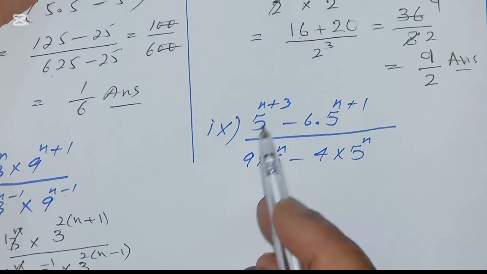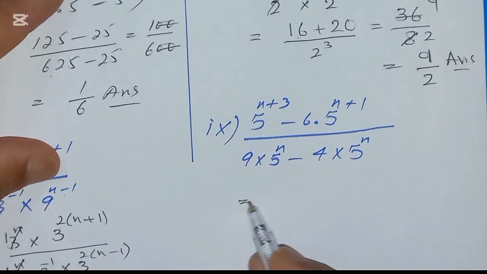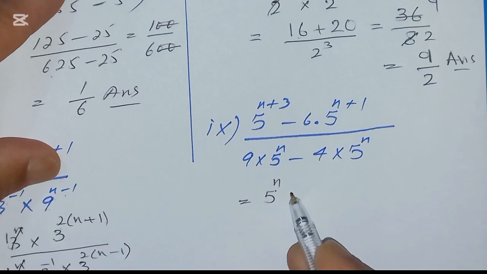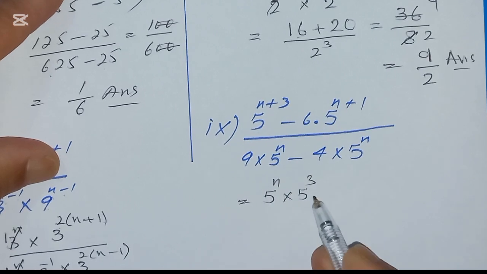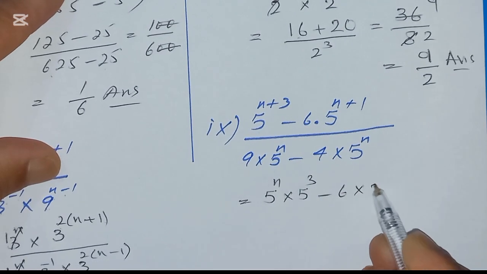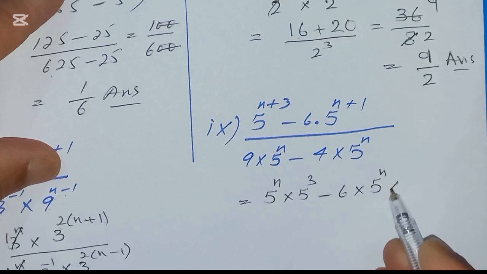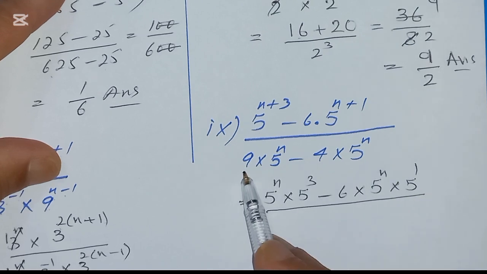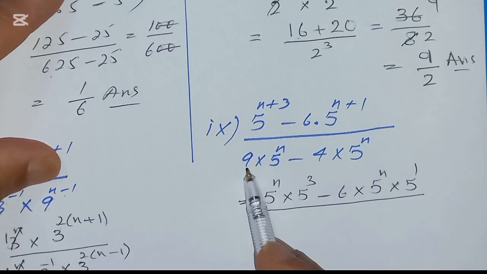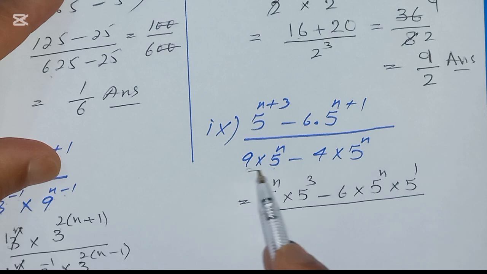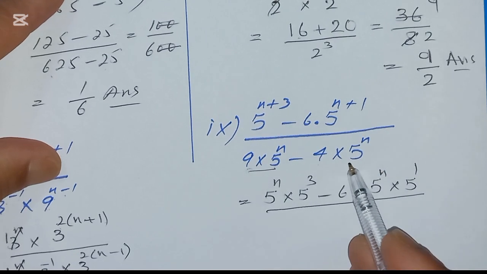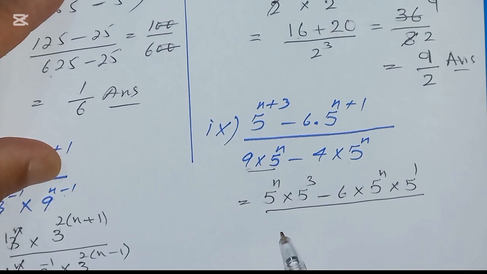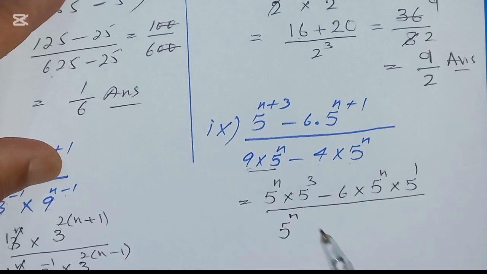This is 5 power n plus 3, which can be written as 5 power n multiply 5 power 3, minus 6 power n, which can be written as 5 power n multiply 5 power 1, divided by 9 multiply 5 power n, this is one term, and 4 multiply 5 power n is the second term. 5 power n is common in these two terms, so we take 5 power n common, the remaining is 9 minus 4.